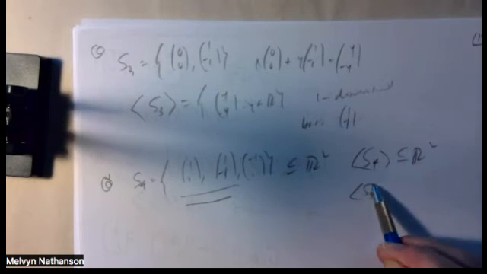So the subspace that these generate is R2, and we can take the first two vectors as a basis. Any questions about that?